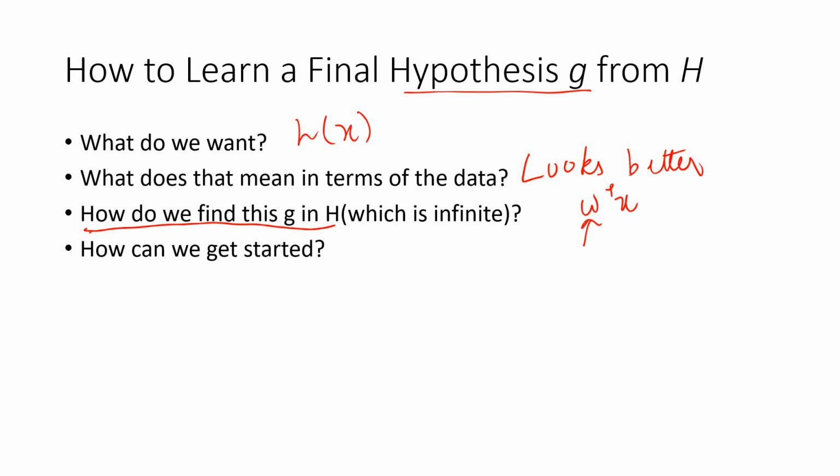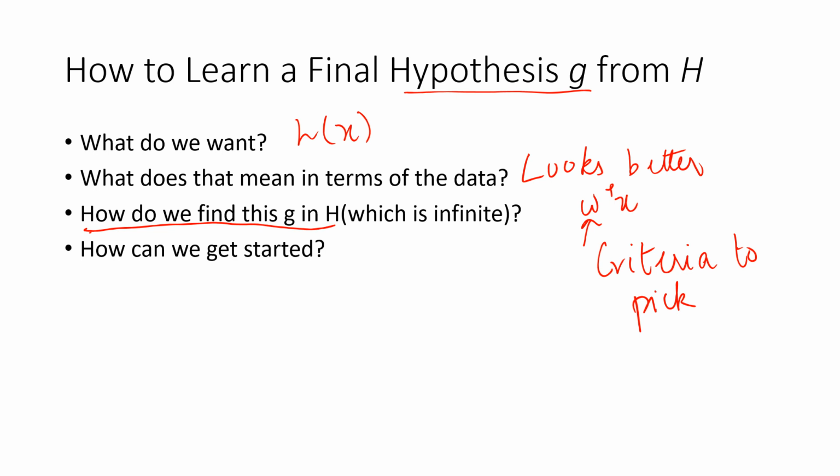So we need to come up with some criteria to pick, which is what my learning algorithm, also known as the Perceptron learning algorithm, is going to do. That criteria should pick a hypothesis that looks better on my given data, and then we implement that criteria. So let's see how we can do that.